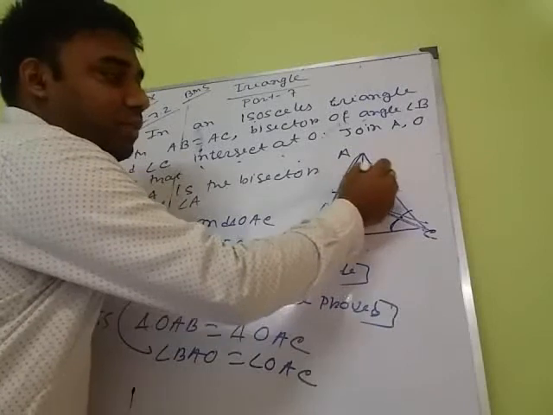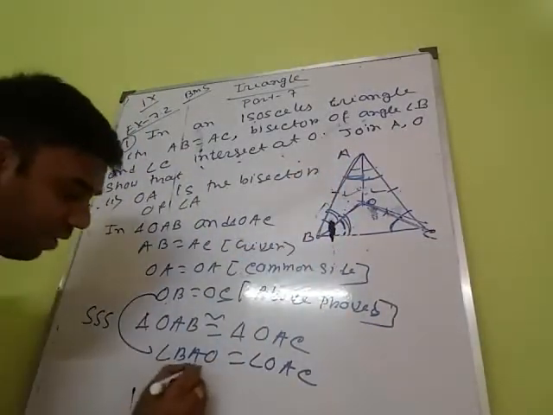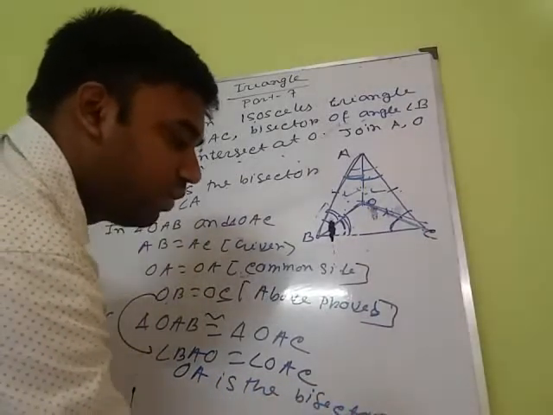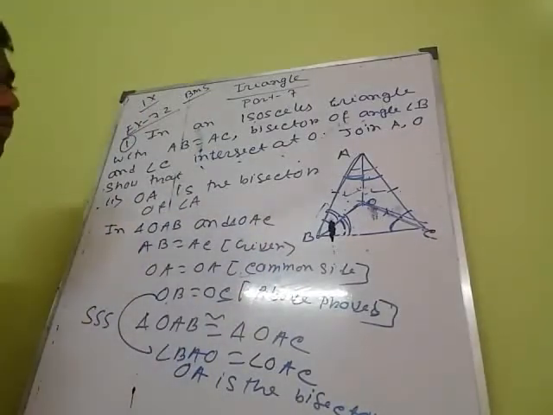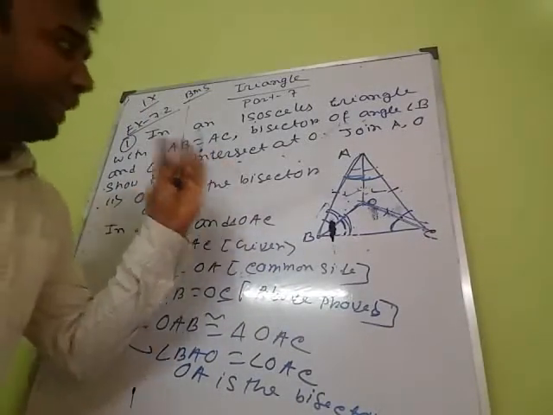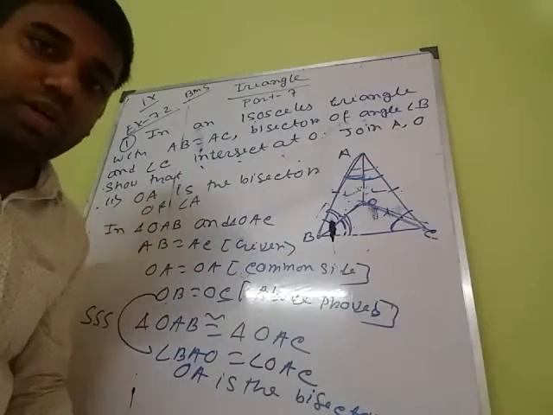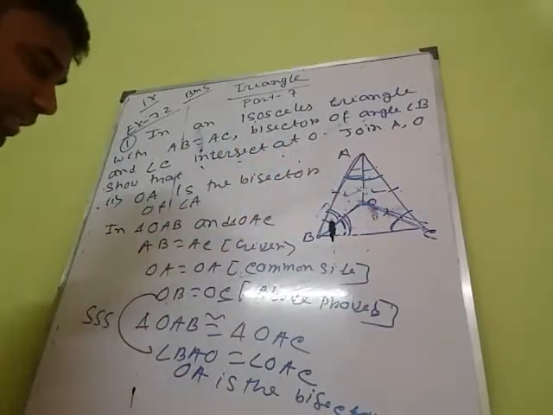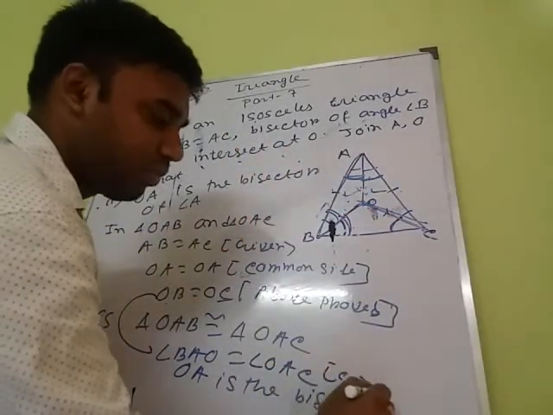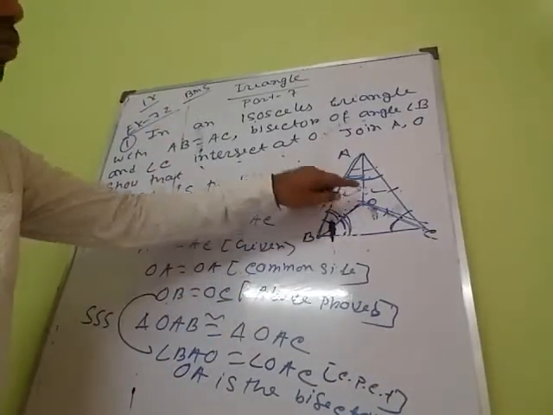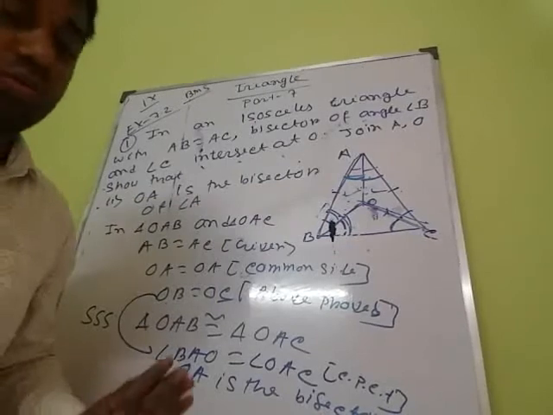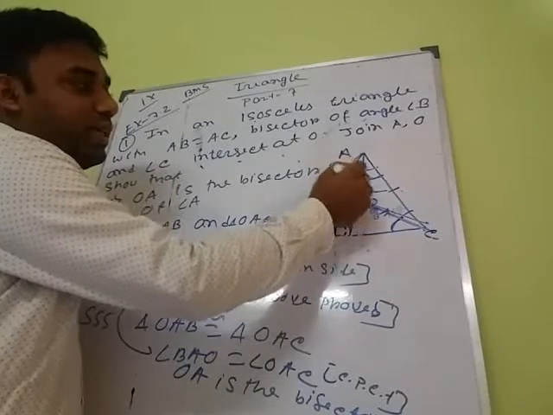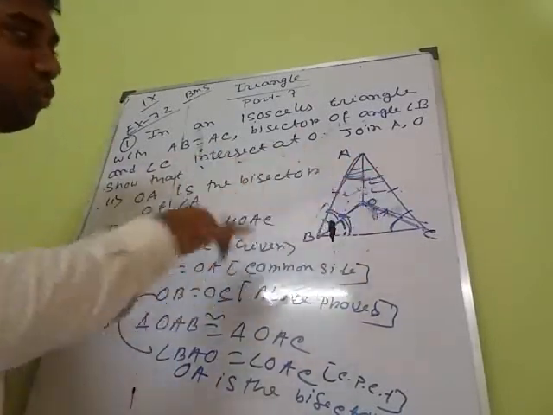It means OA is the bisector of angle A. So the second part we have proved using congruency of triangles. We first proved these two triangles are congruent, and by CPCT, corresponding parts of congruent triangles are equal. As OB equal to OC, the opposite angles are equal, so OA is the bisector.